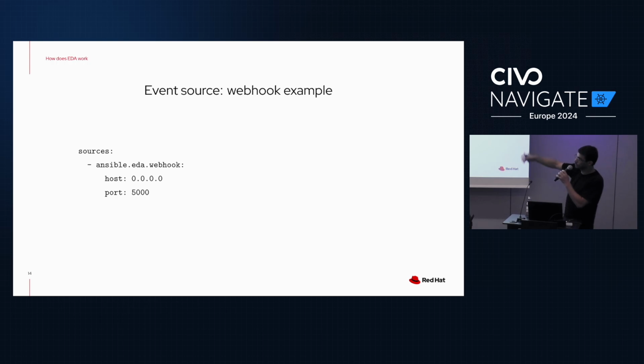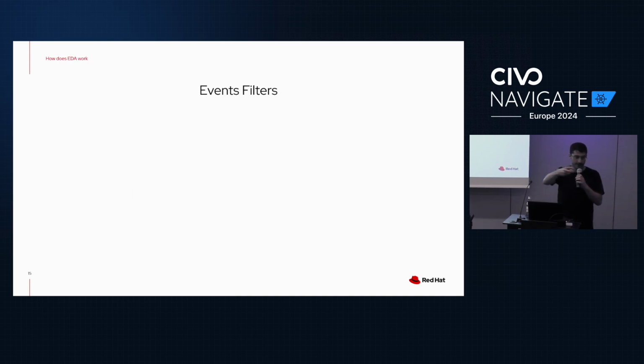And an example of how a source gets used is this one. This is the webhook. So effectively, you expose a webhook, and it's 4 lines of YAML code, and you have a webhook available to be called from whatever system you're using. And those events that get sourced from the source then go through a bunch of filters. And those filters help you to better refine those events.